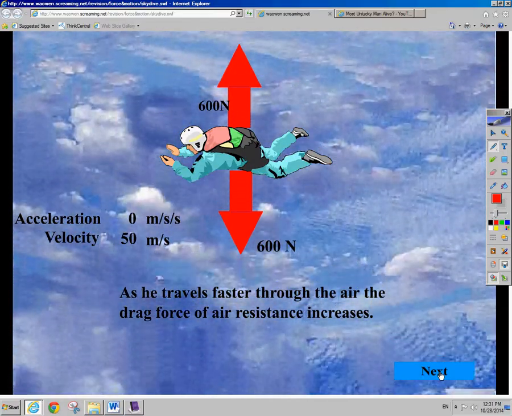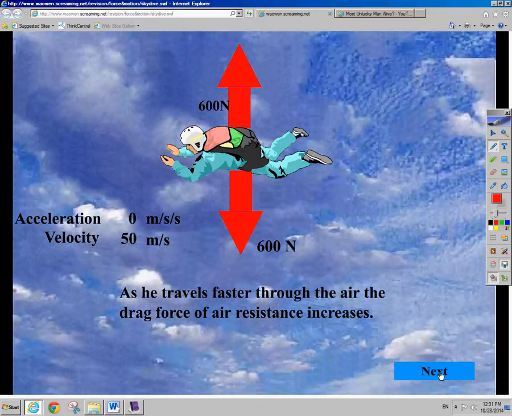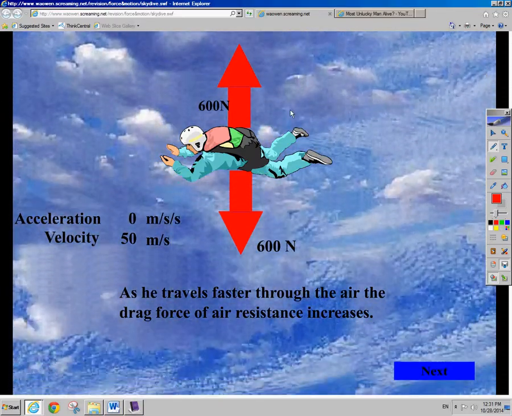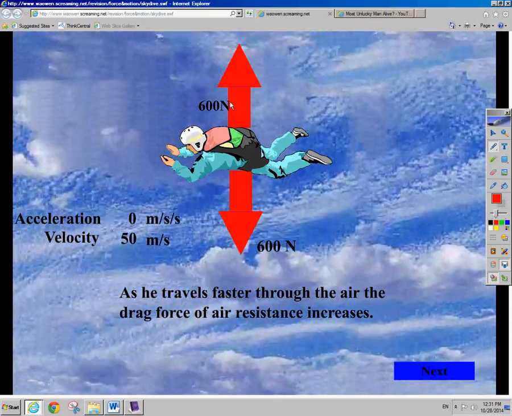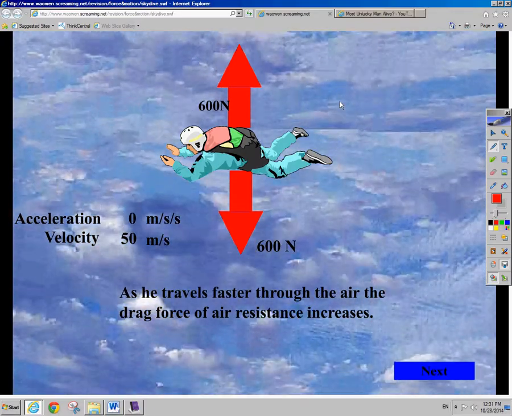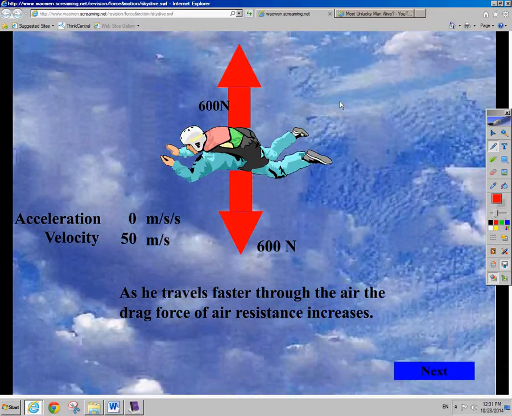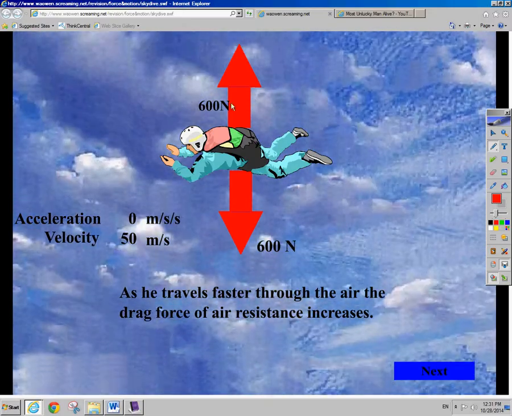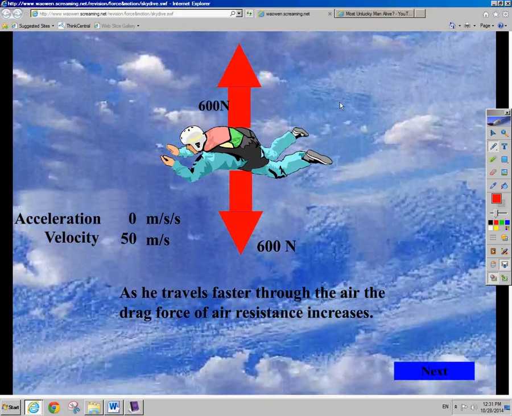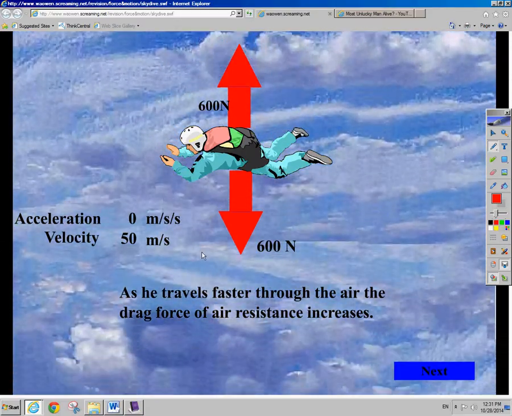So finally, as the person falls faster, that upward force, the air resistance force, increases. And it increases and increases as they fall faster and faster until finally the air resistance force, 600 newtons, perfectly matches their weight force of 600 newtons.